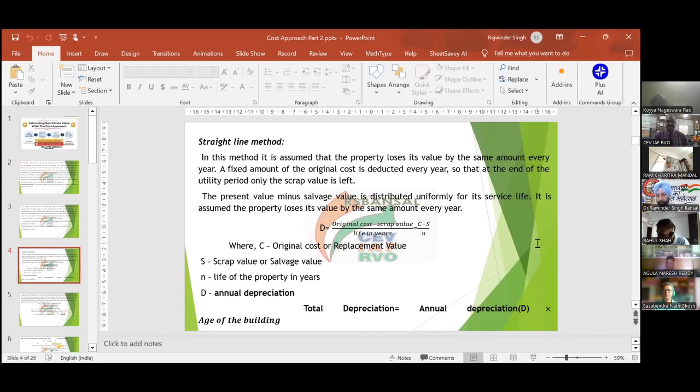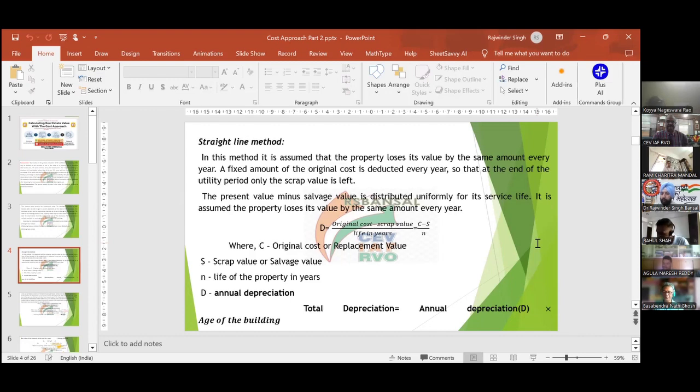So basically, scrap value is when you sell the different parts of the building or different parts of the asset, maybe plant and machinery. As in the case of a car, let us suppose you sell the tire to someone else, engine part to someone else, and other components of the car to someone else. You will get more value, more in return from that.